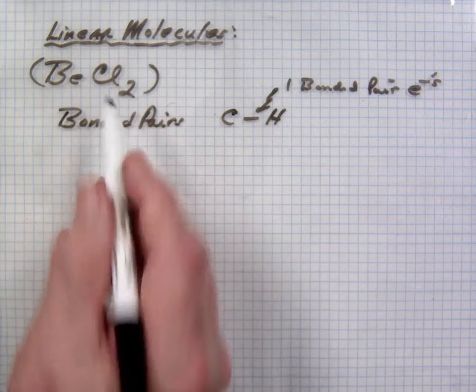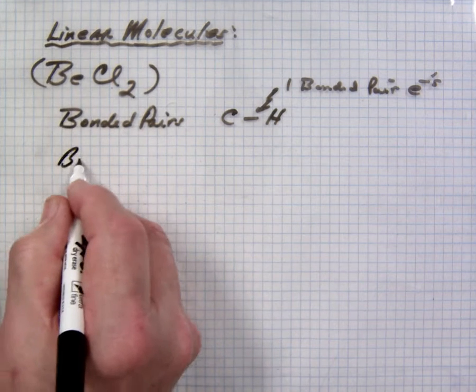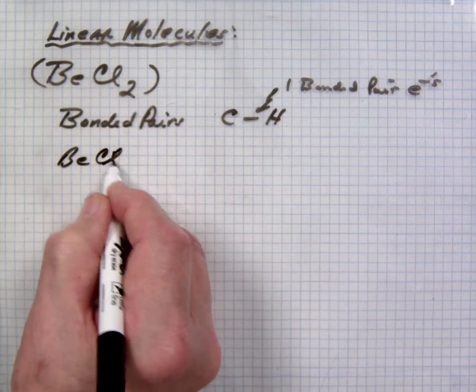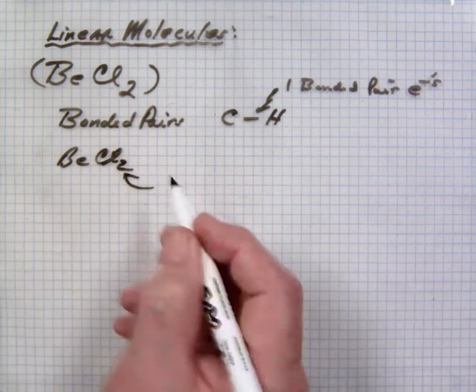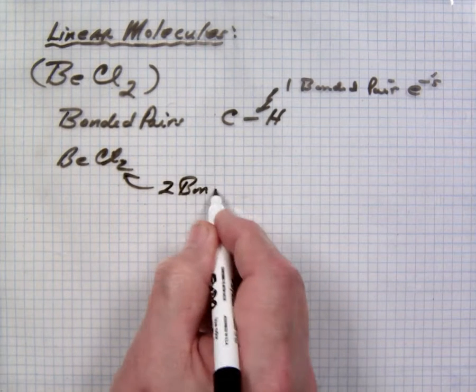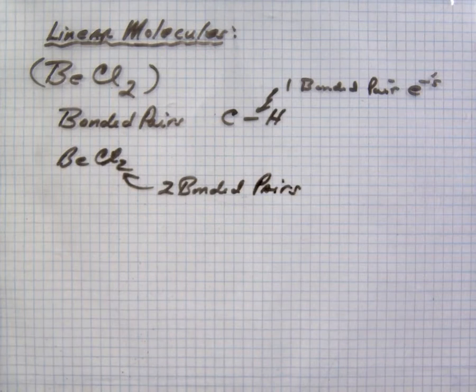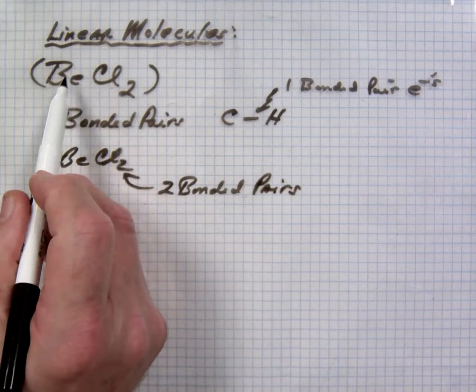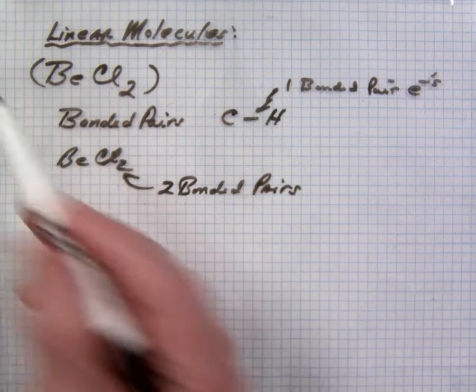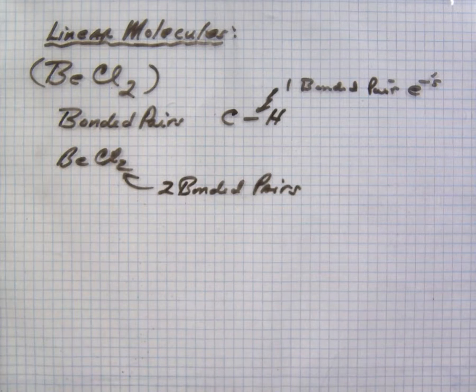So when we look at beryllium chloride, this indicates 2 bonded pairs, indicating that one chlorine will hook to beryllium and another chlorine will hook to beryllium somehow. Now we don't know yet what that arrangement is going to be. Is it a 180 degree bond angle, or is it a different kind of bond angle, bent, for example?